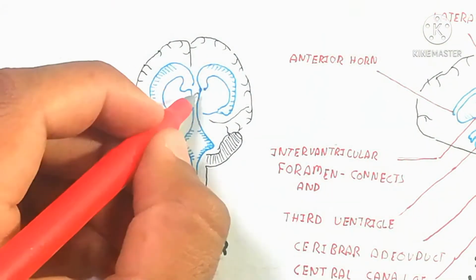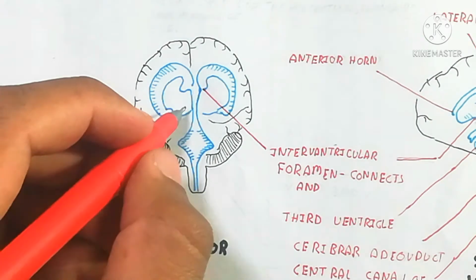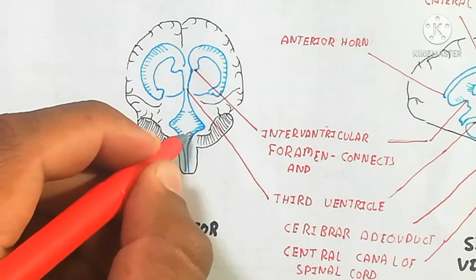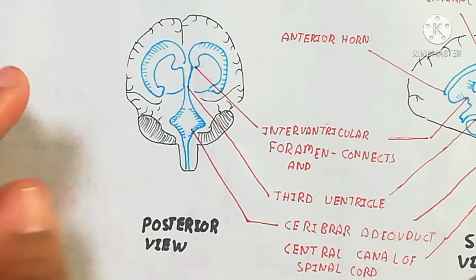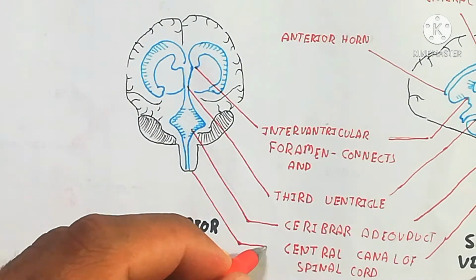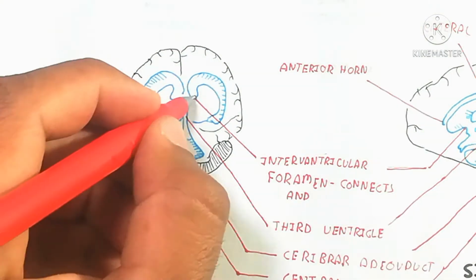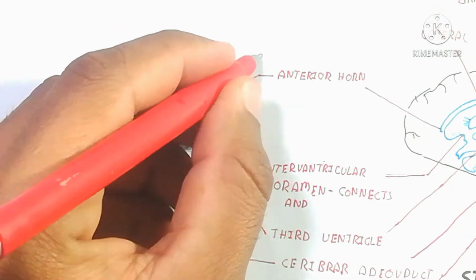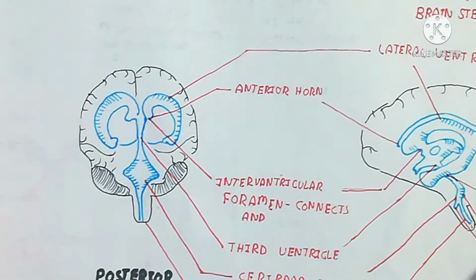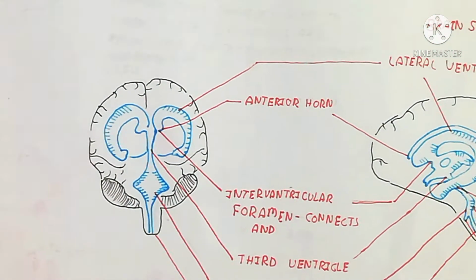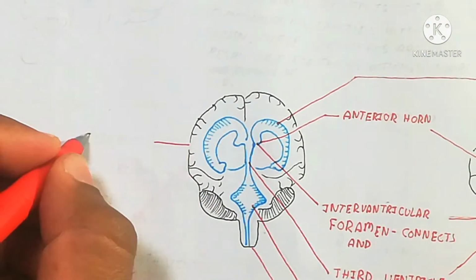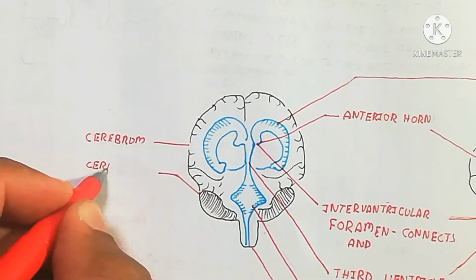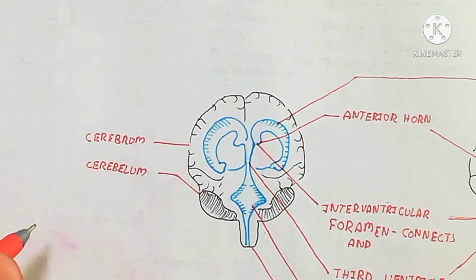This is a cross section of the brain with a posterior view. In the cross section, here is the third ventricle and here is the cerebral aqueduct. Here is the anterior horn, and here is the lateral ventricle, which shows on the lateral side, so it is known as the lateral ventricle. And here are the cerebrum and cerebellum.